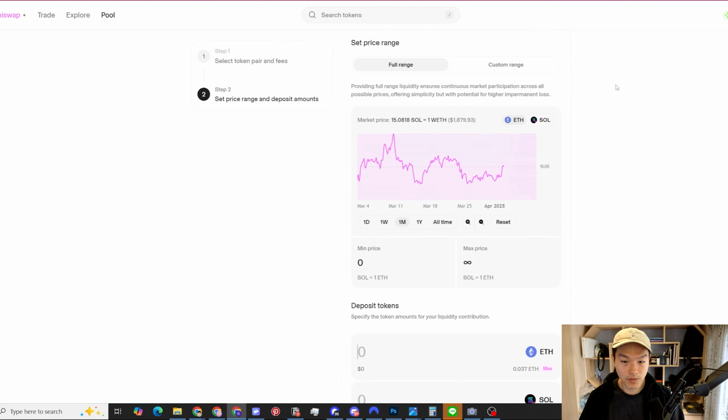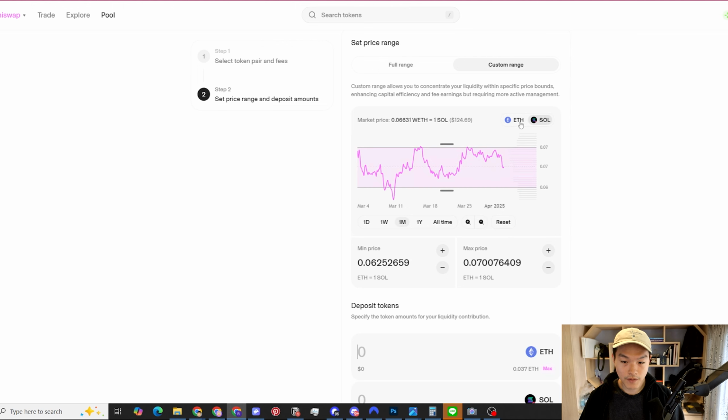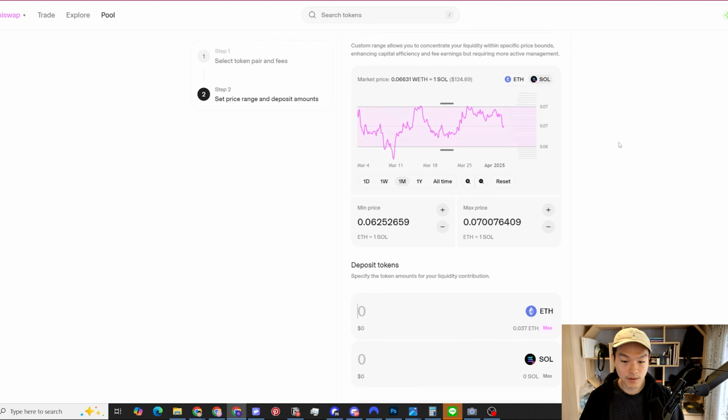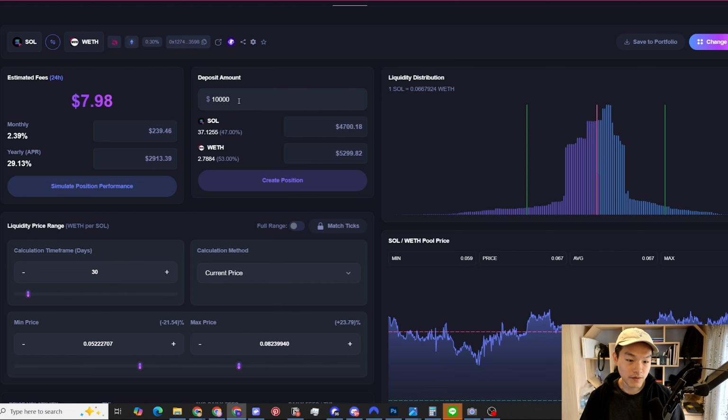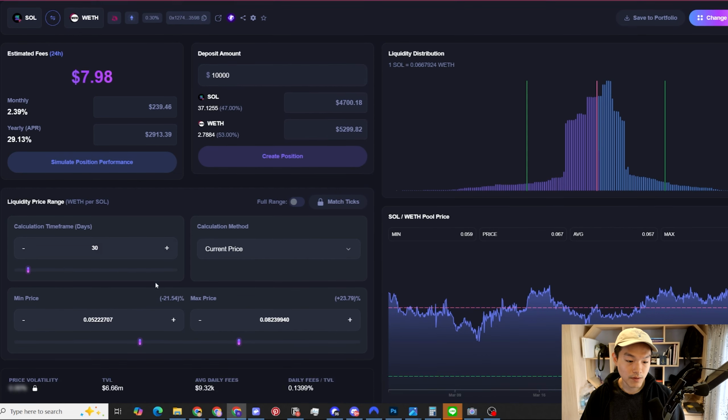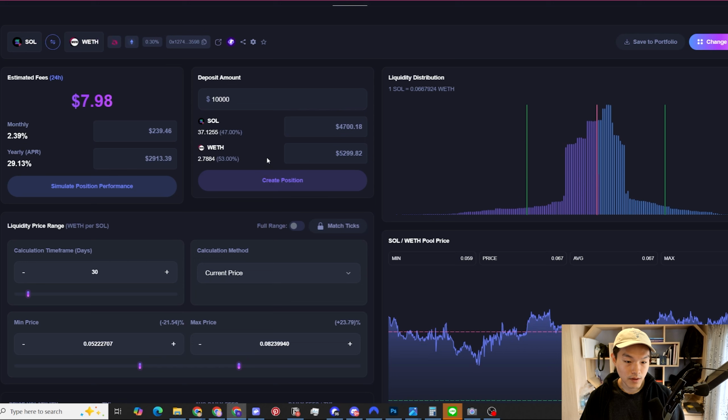And here the amount you put would depend on the ranges you set, right? I have ETH as my quote asset here. And let's say I'm putting in roughly $10,000, right? With these particular ranges, you can see on Metrics Finance, this is roughly the amount of SOL and ETH I would need.